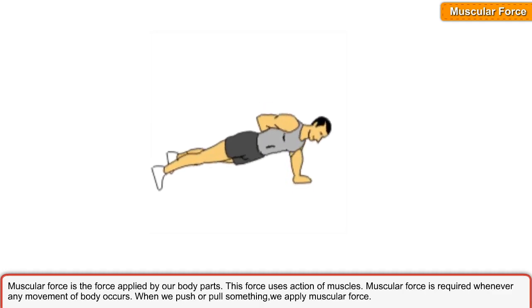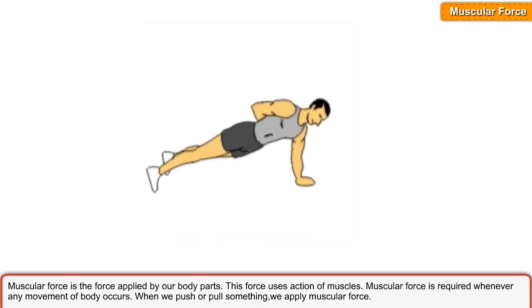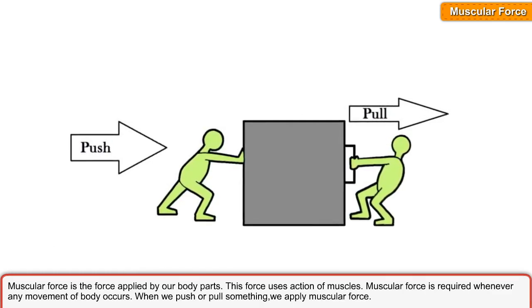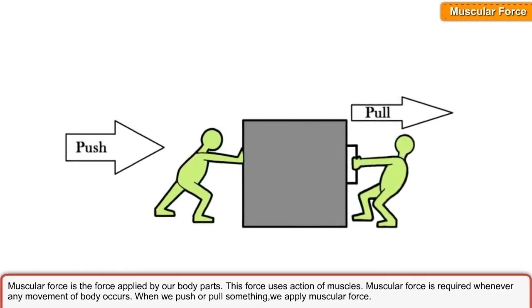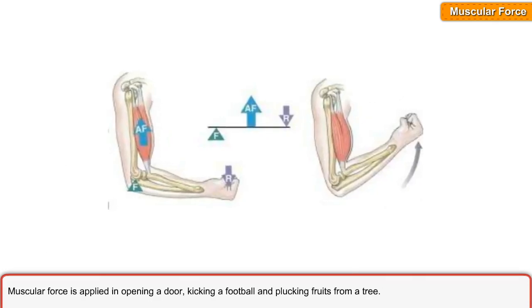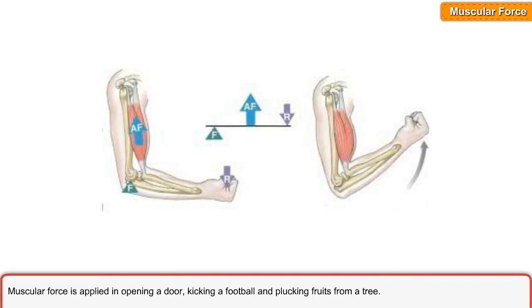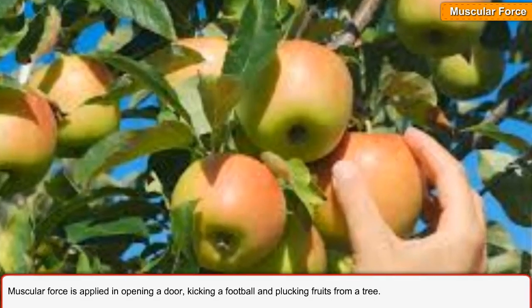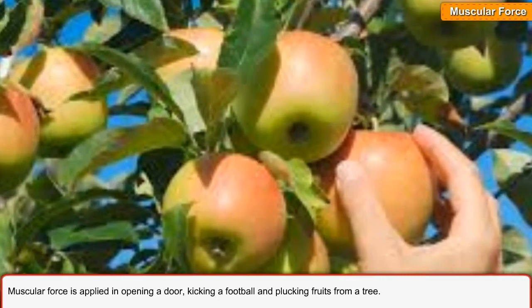Muscular force is required whenever any movement of body occurs. When we push or pull something, we apply muscular force. Muscular force is applied in opening a door, kicking a football, and plucking fruits from a tree.